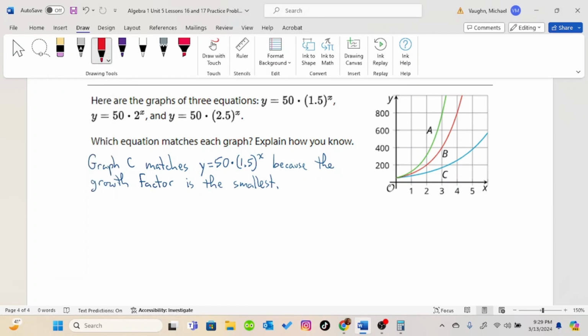Next, we see graph B. Graph B is the middle graph. So graph B matches y equals 50 times 2 to the power of x, because the growth factor is in the middle.